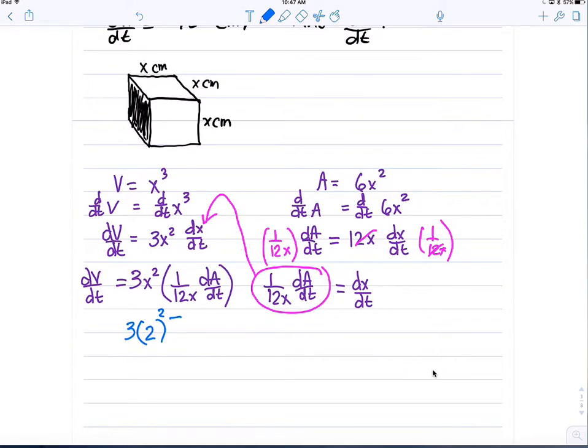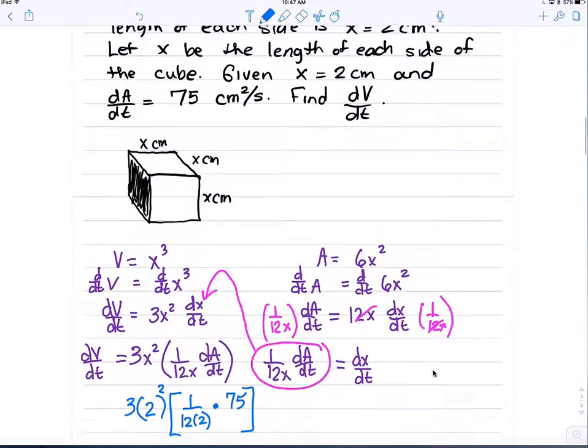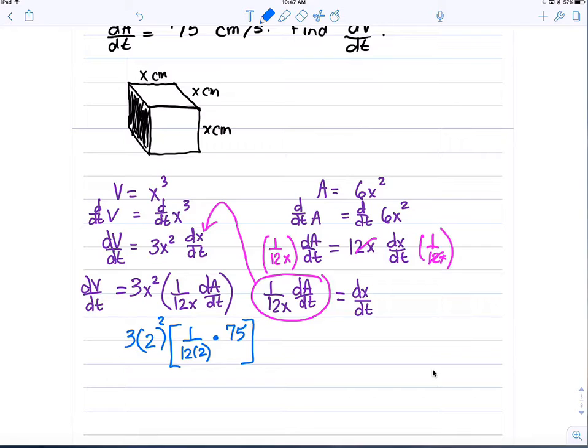And then we also have 12x, we said x was 2, times, and the dA/dt was 75 centimeters squared per second. So go ahead and simplify that to find our dV/dt. 75 over 8... .5 centimeters cubed for the volume per second.